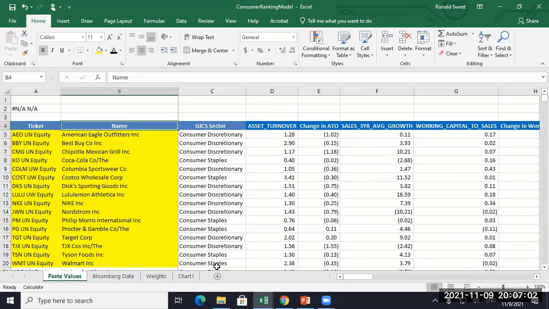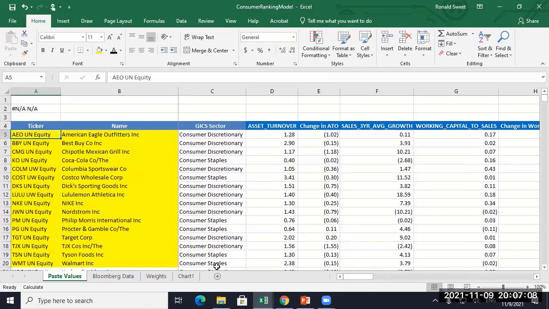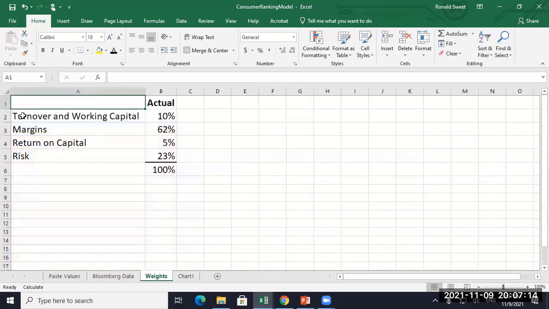So what did I do here? I got the companies y'all picked, and I threw Walmart in there. So there's your companies. And so what I did is I said, I want something related to turnover and working capital. And I forced it to give me at least 10% there. I have measures related to margins.